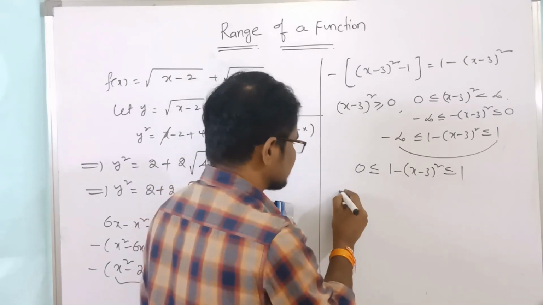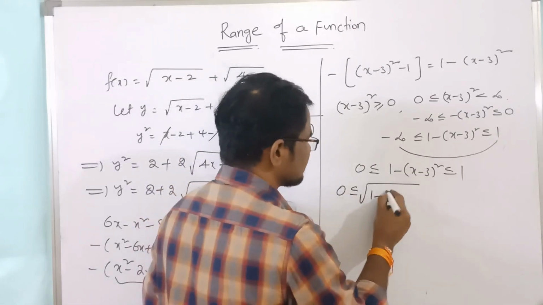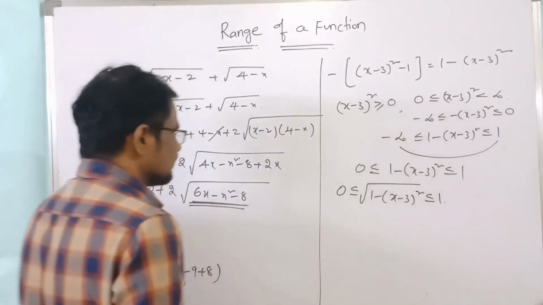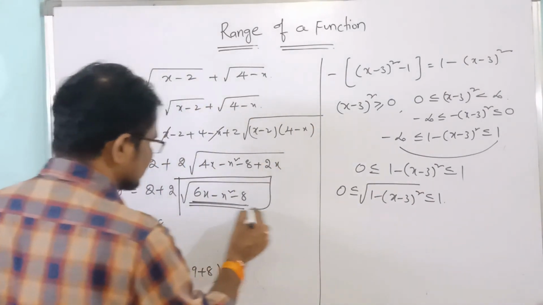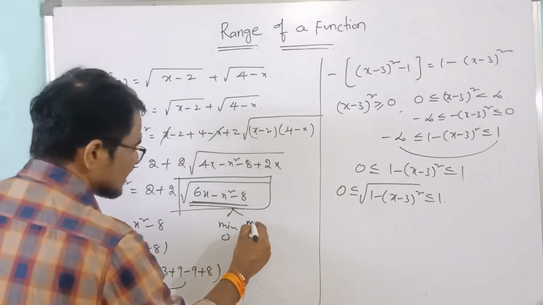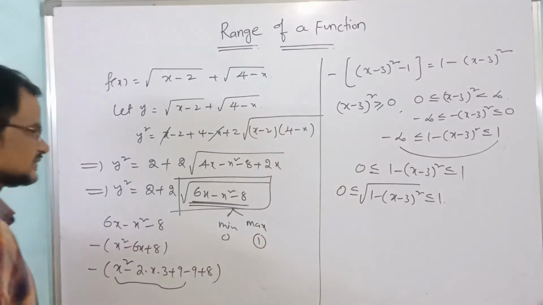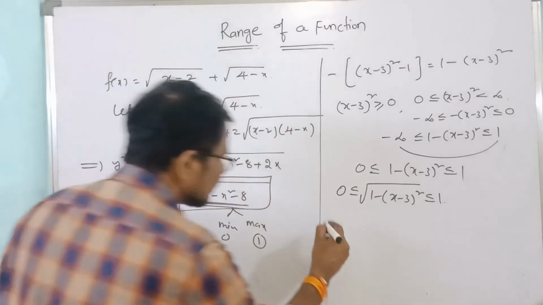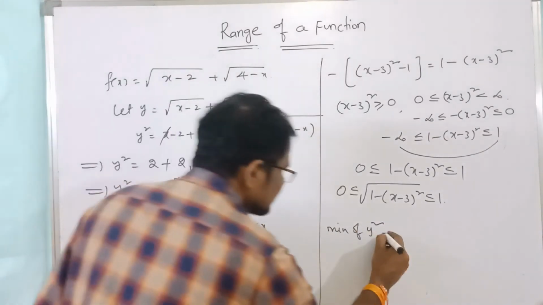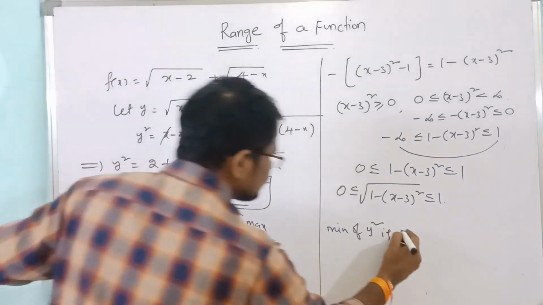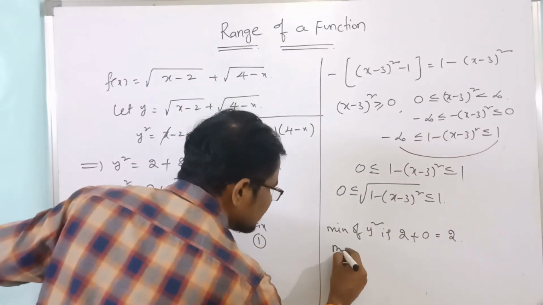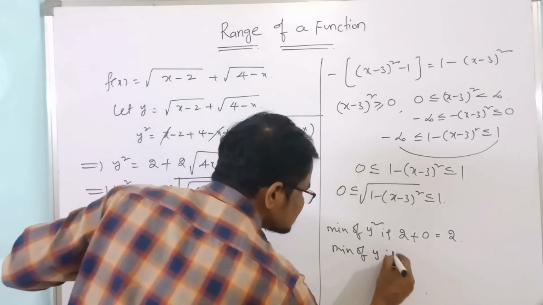Now take the root for this one: 0 less than or equal to root of 1 minus x minus 3 whole square, less than or equal to 1. That means the minimum of this is 0 and the maximum is 1. Right? Now if you substitute, the minimum of y square is 2 plus 0, that is equal to 2, and the minimum of y is root 2.